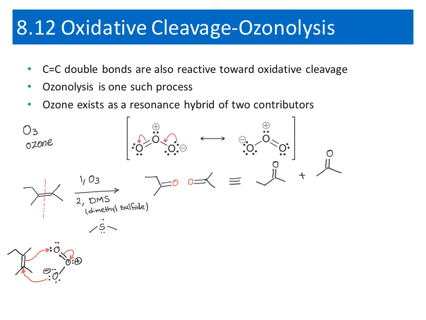The outcome of this electron pushing process would be formation of the ozonide molecule. So this is the ozonide, or better to say, complex.